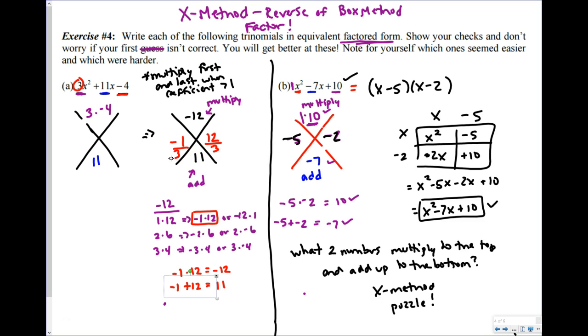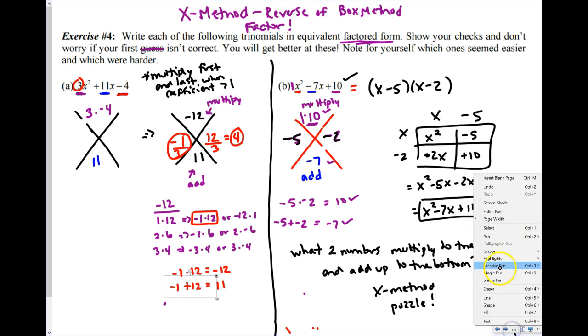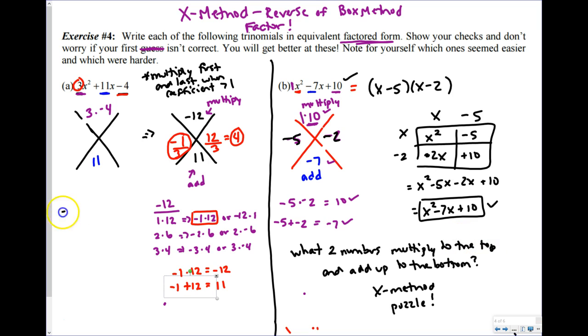Okay, so now our two puzzle terms become two new terms. Okay, that's the step to that division. 12 divided by 3 is 4, so my one factor is 4. And my other factor is -1 over 3. I can't simplify -1 over 3 anymore. Okay, so when I write my final answer, I know one of my factors is x plus 4.